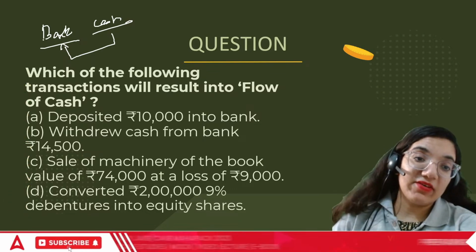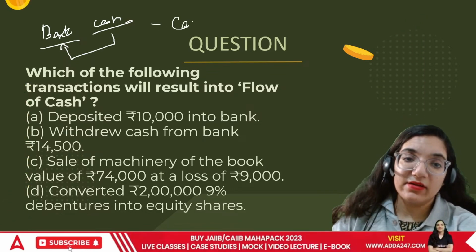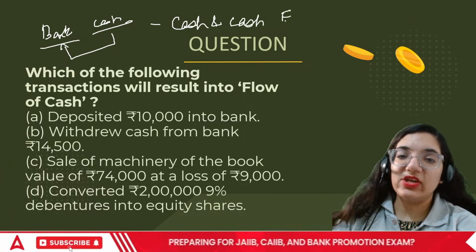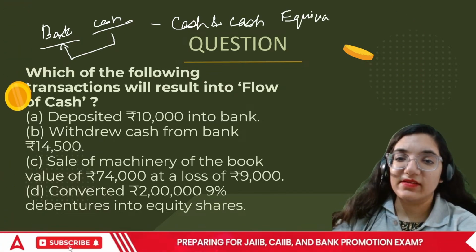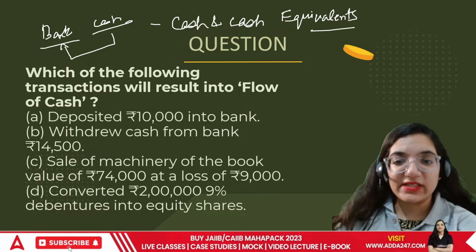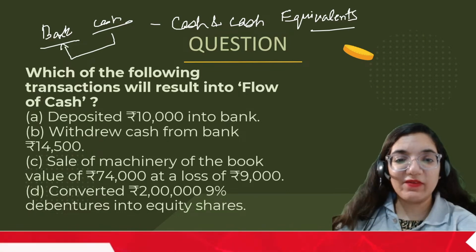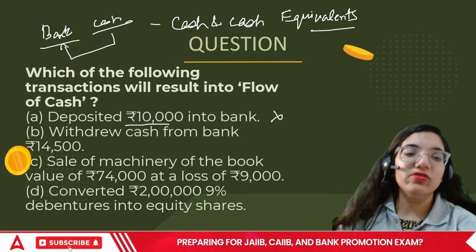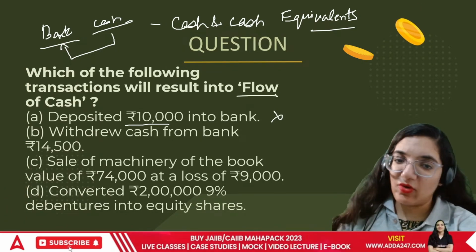Both of them are covered under the term cash and cash equivalents. Okay? It would be called cash and cash equivalents. So depositing money into bank is not going to result in flow of cash.